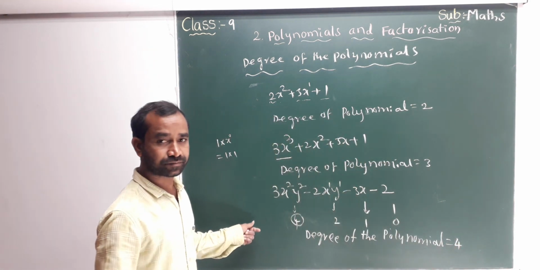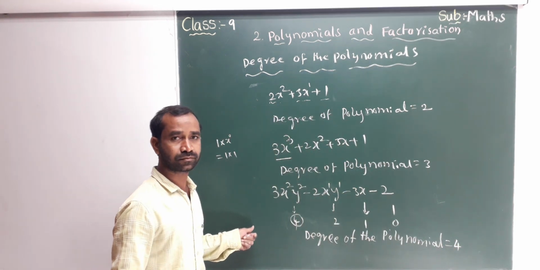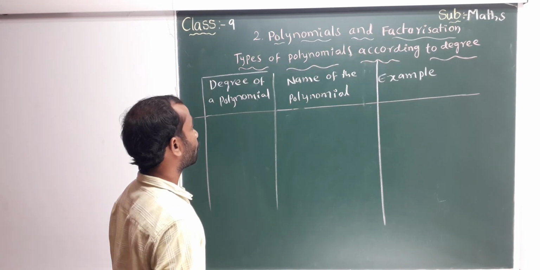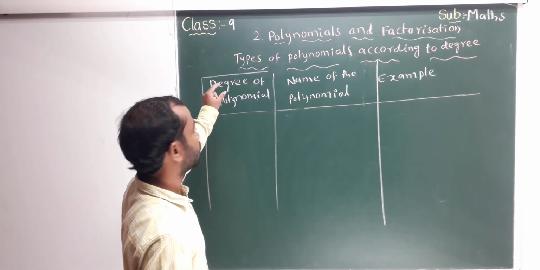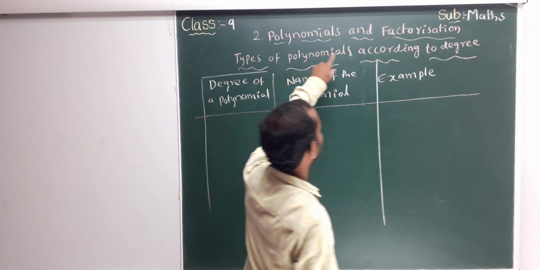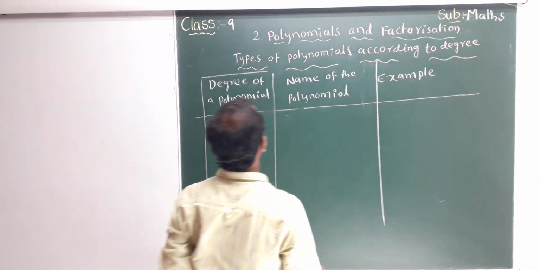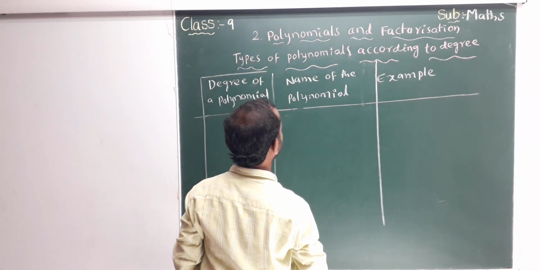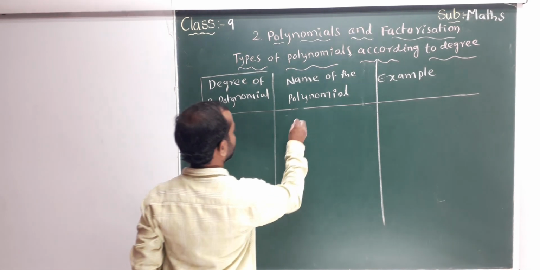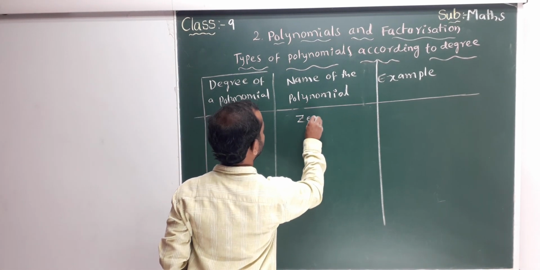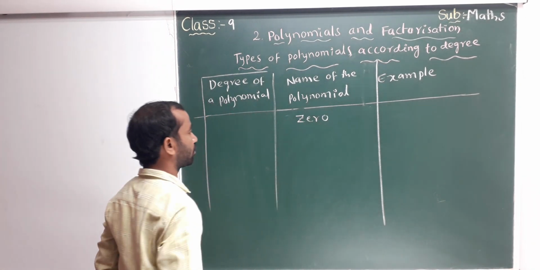Okay. Polynomials, according to the degree, we have so many types of polynomials. First, the zero polynomial.